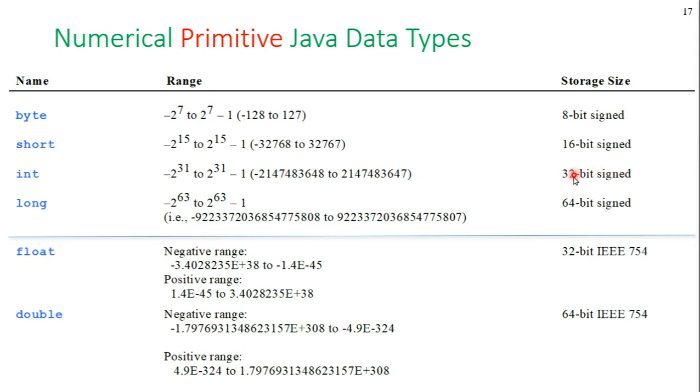And the value can be positive or negative, so we say it's 32-bit signed. It gives you a range of possible values. For an int variable, you can store anything from minus 2 to the power 31 to 2 to the power 31 minus 1. And here you have the exact numbers if you are curious.